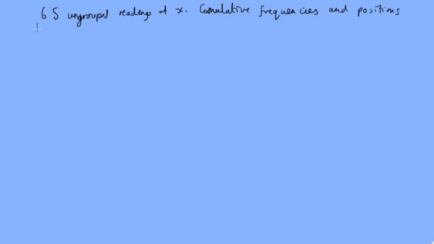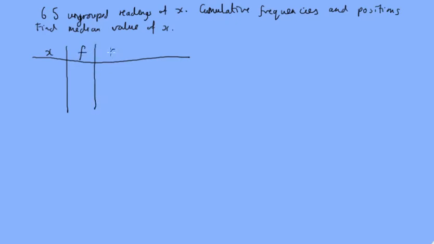We want to find the median value of x. So x is, oops, dodgy table, frequency, the cumulative frequency, and the position.